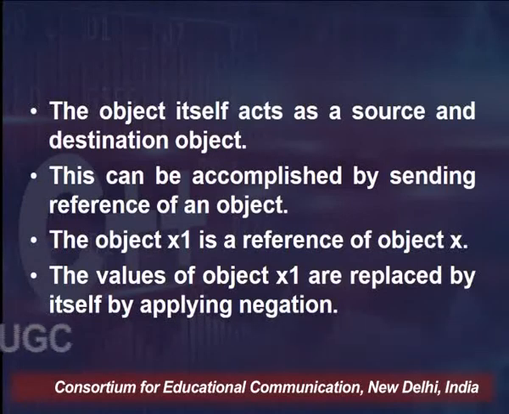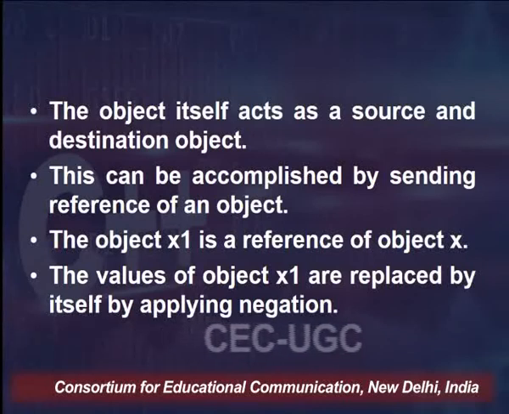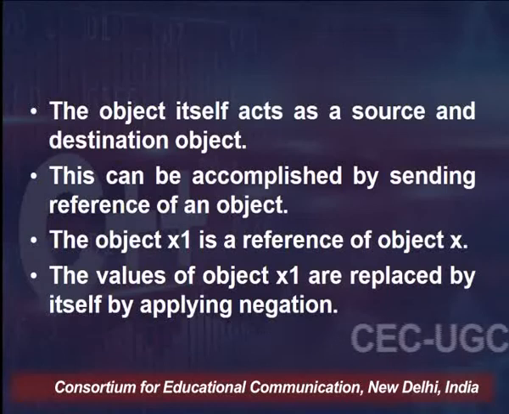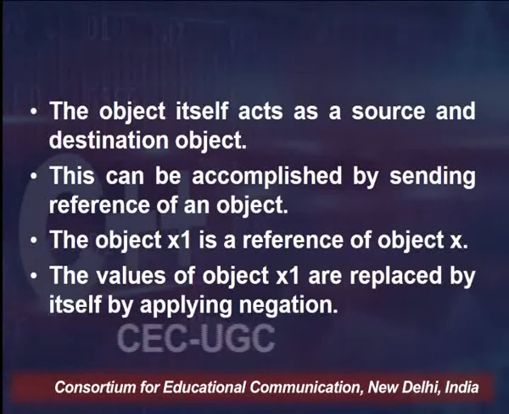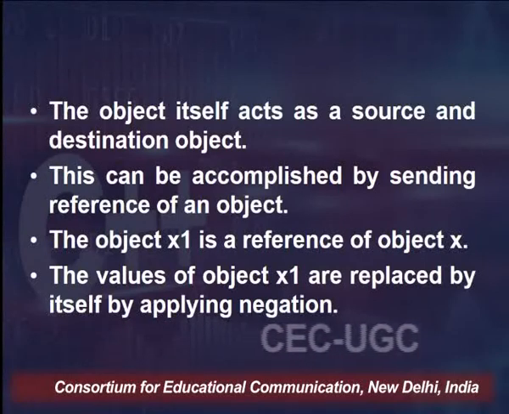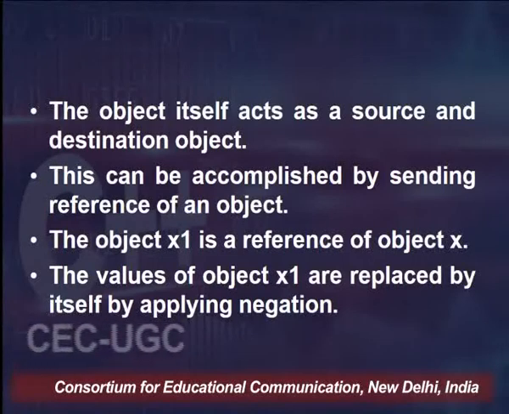This is possible only with the pass by reference mechanism. Pass by value will not allow the object to act as source as well as destination, and as you can see clearly, this can be accomplished by sending the reference of the object.